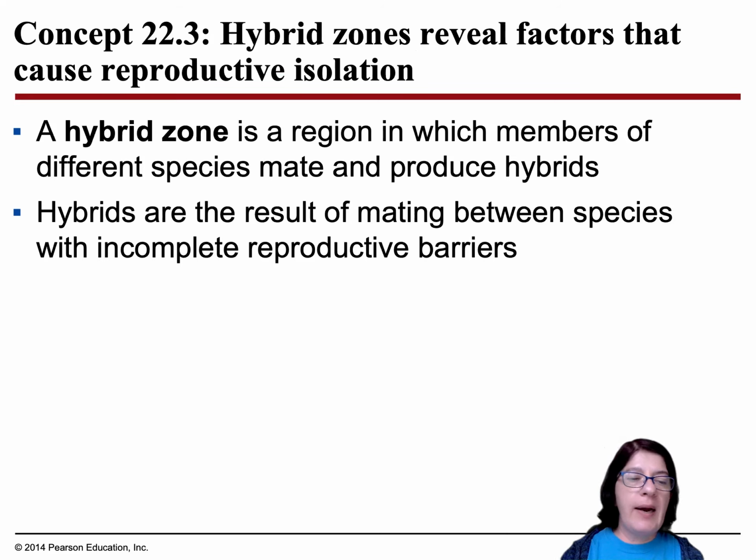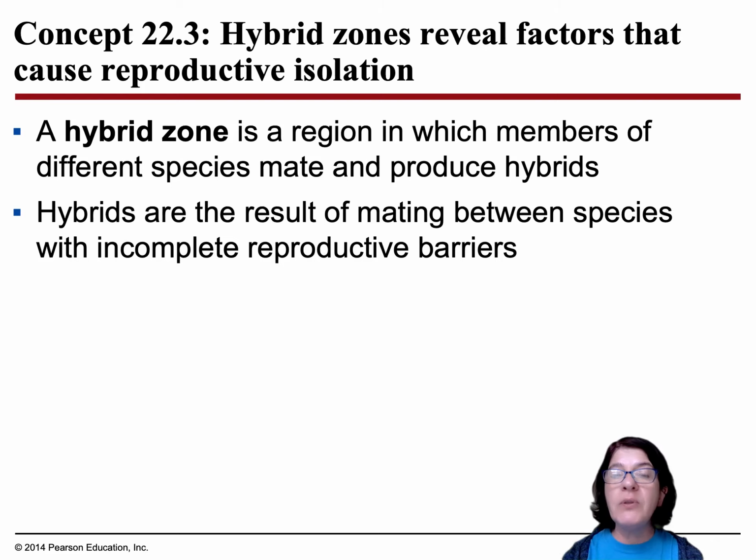Hybrid zones. A hybrid zone is a region in which members of different species mate and produce hybrids. So in the process of speciation, two new species are still very closely related, and they can mate and produce hybrids. Now, hybrids are the result of mating between species with incomplete reproductive barriers.